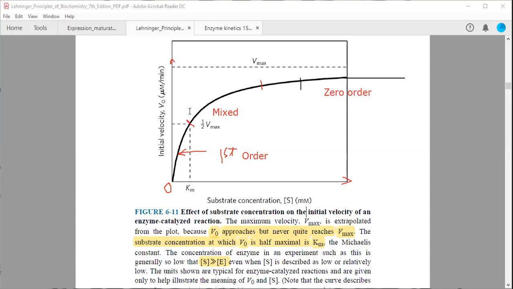This is called a hyperbola. You also need to remember this, because this may be a direct question in any examination. Hyperbola. So this hyperbola has three different segments, where it is showing first order reaction kinetics, zero order reaction kinetics, and also a mixed reaction kinetics, meaning not either one or zero.